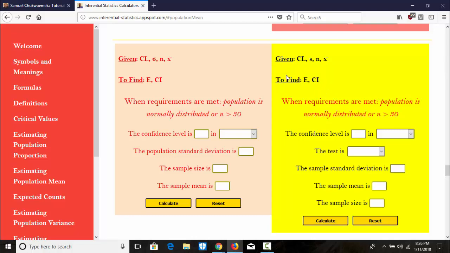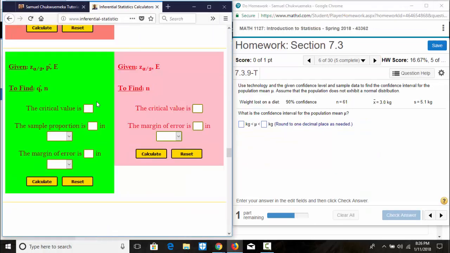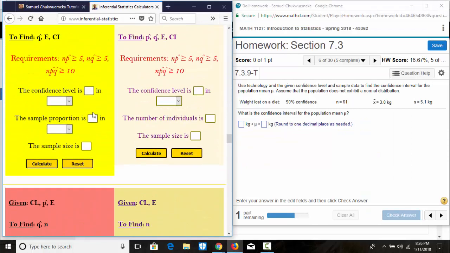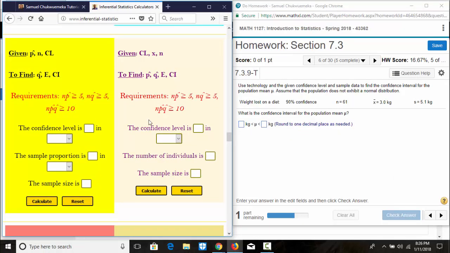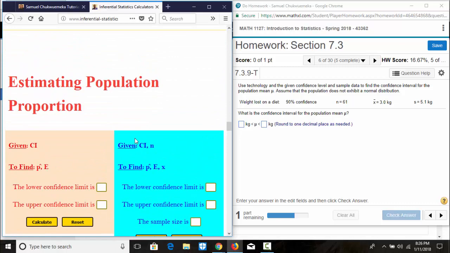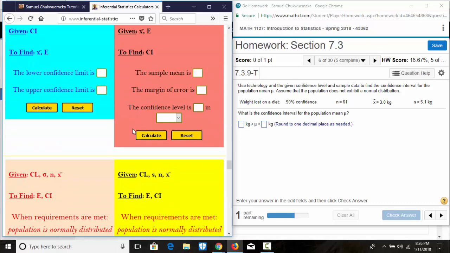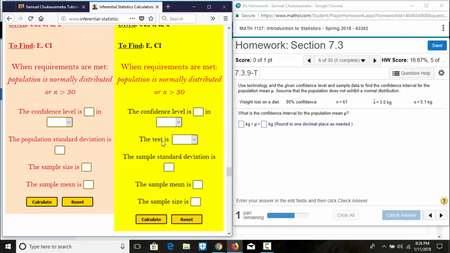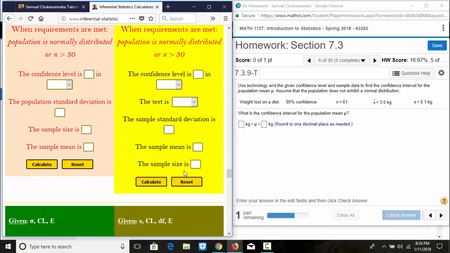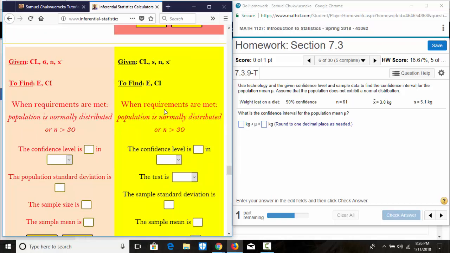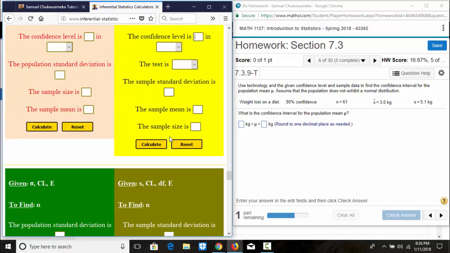So this is what we are going to use. Let's make this to be on the same window. I wrote the requirements here.